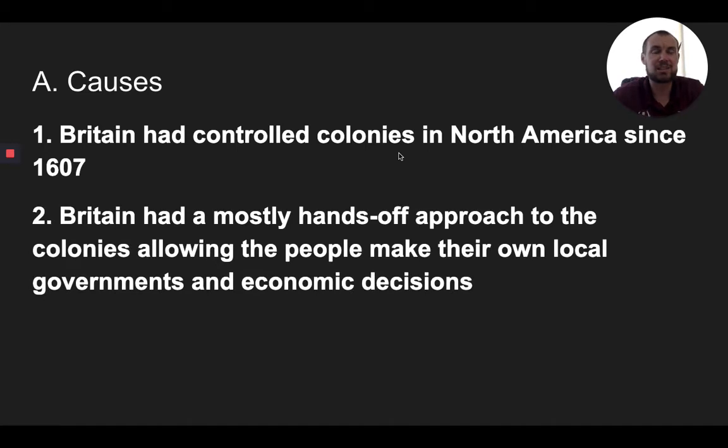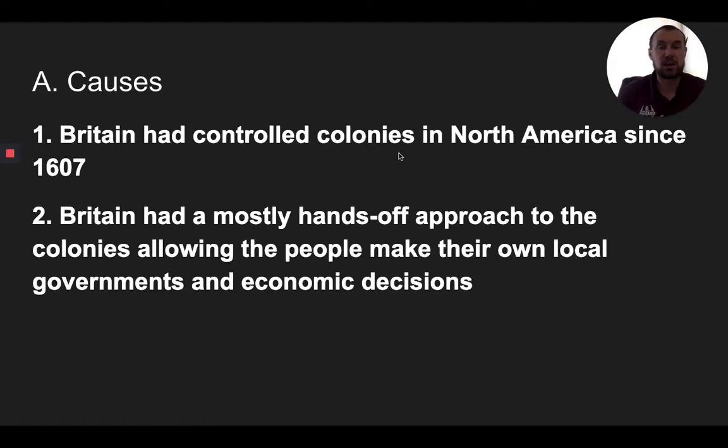And Britain had taken this mostly hands-off approach. Sometimes you'll hear it referenced as salutary neglect. This approach allowed the colonists to create their own governments efficiently. They ran themselves. They raised their own taxes, they had their own laws, they had their own judicial system, they made laws, enforced laws, reviewed laws in their own ways, and each colony was unique.